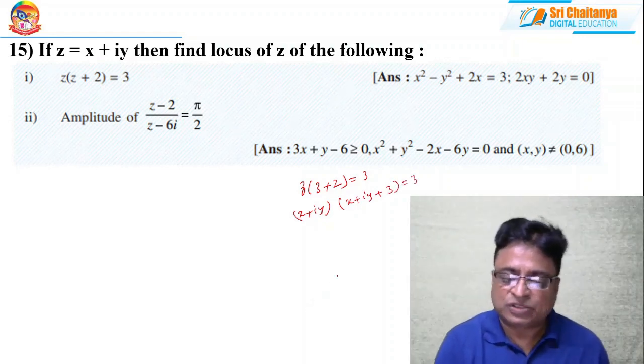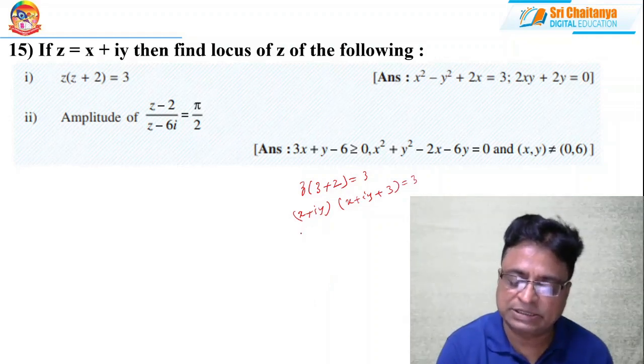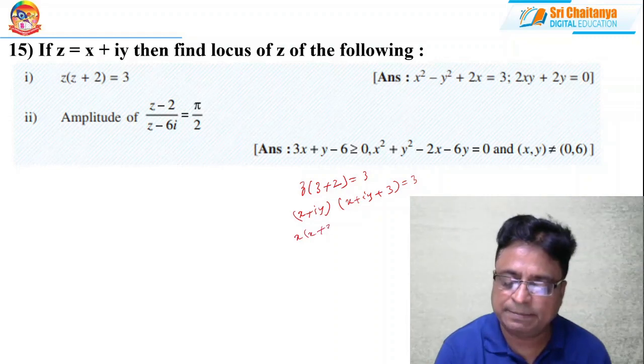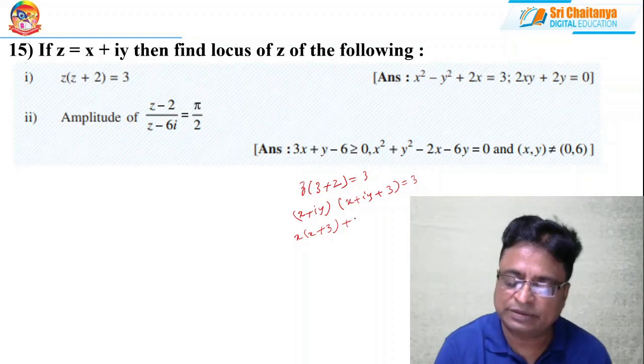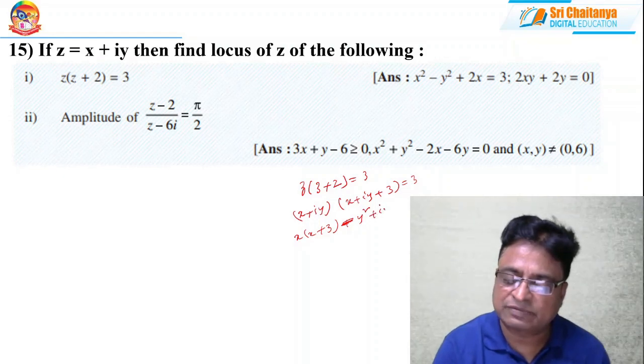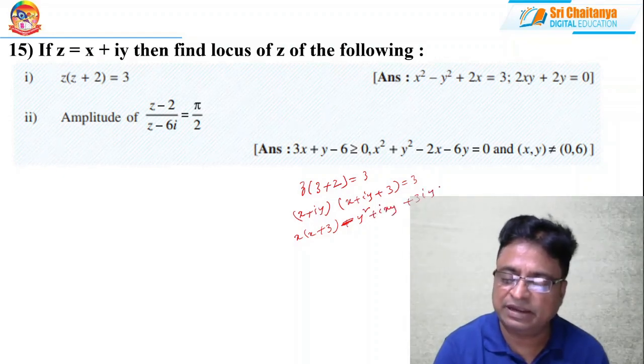Multiply: x into x plus 3, plus i square y square, that is minus y square. Next, plus ixy plus 3iy equal to 3.